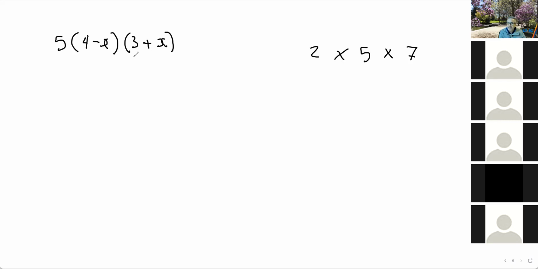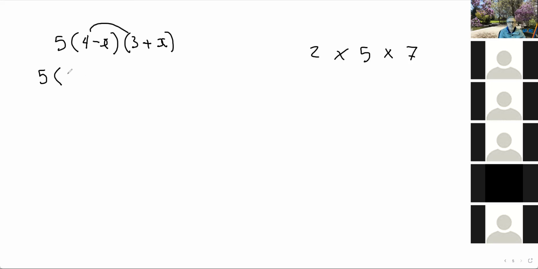When you have this kind of question, some people like to distribute the 5 into here first, and then get that and then FOIL it into that. I would say don't do that. It's much easier to just keep the 5 hanging out right there and then start FOILing this.